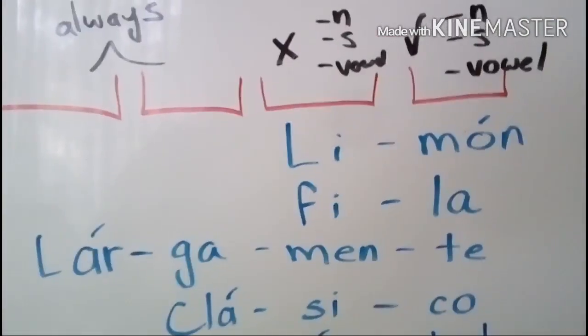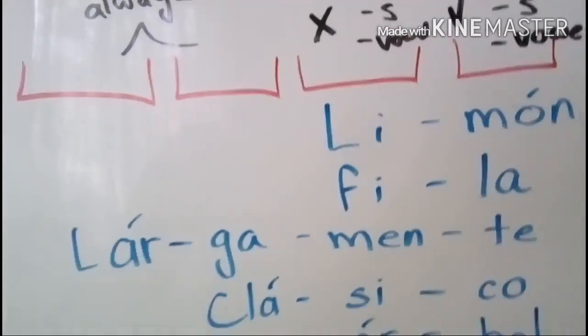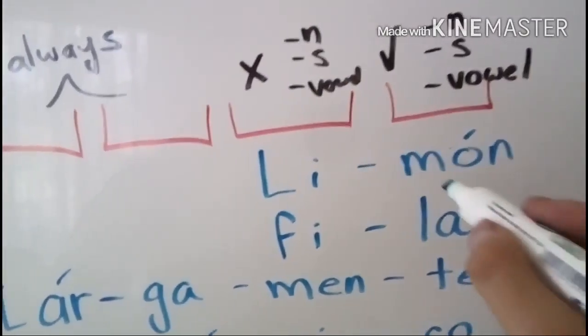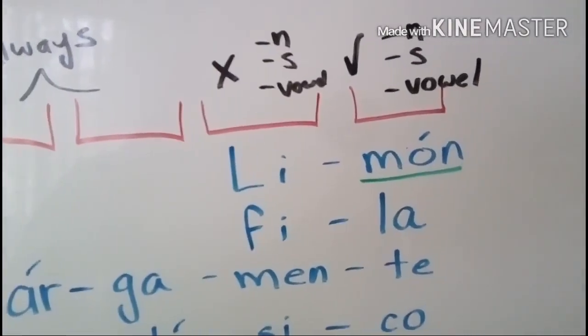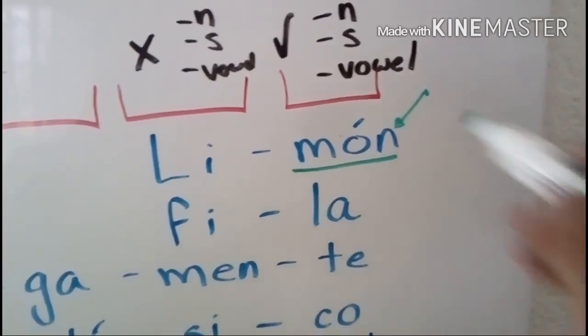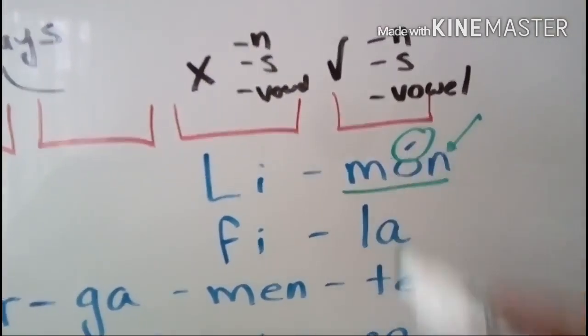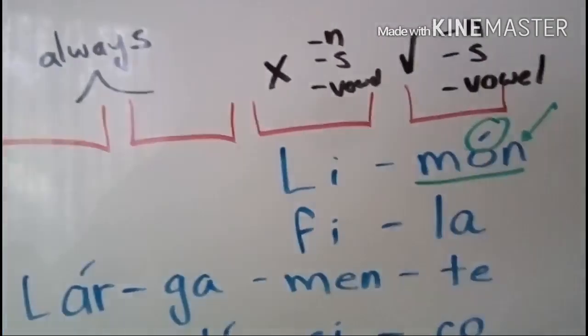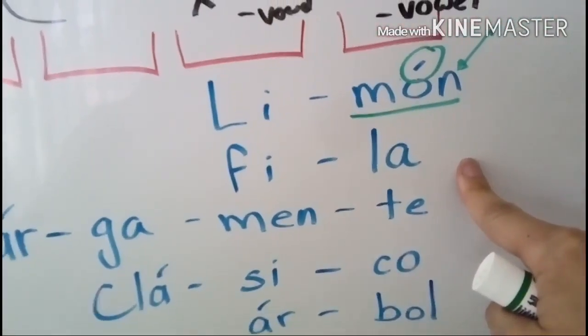For example, the word limón, which means lemon, has the stressed sound here, and because it ends with an N, it has an accent. Now, another example, fila.